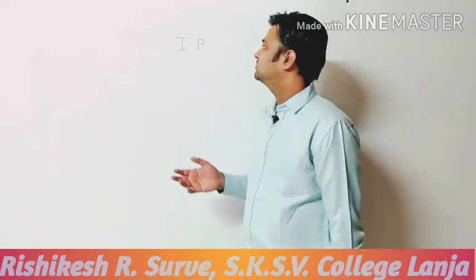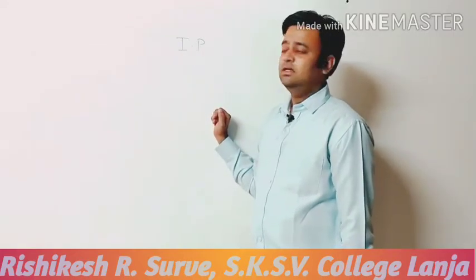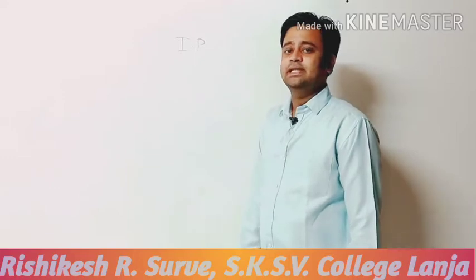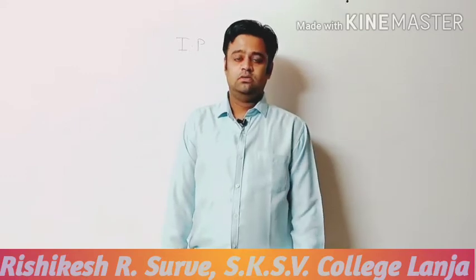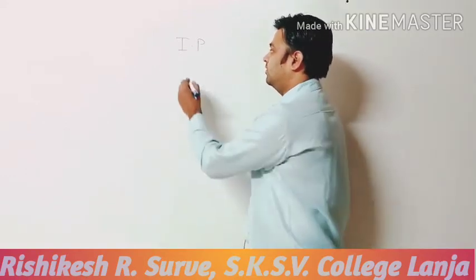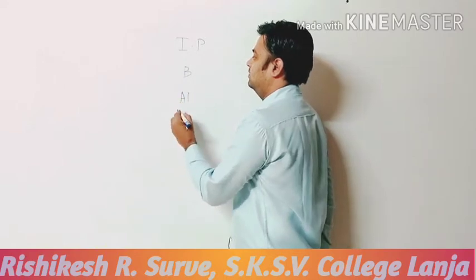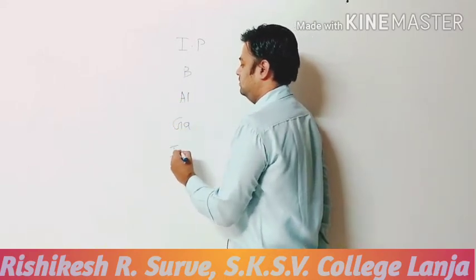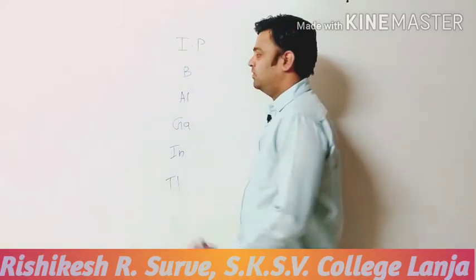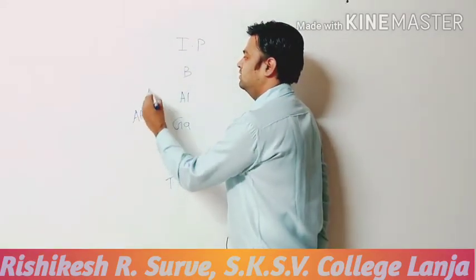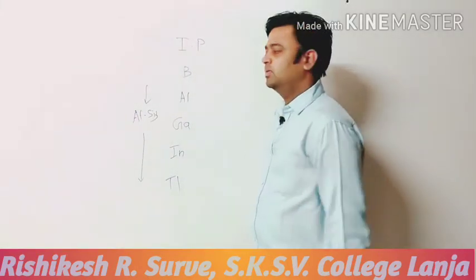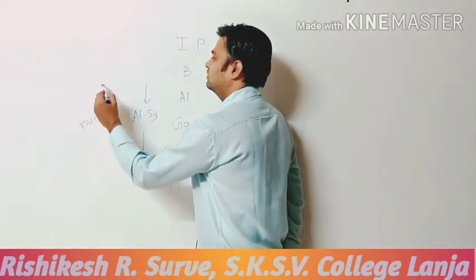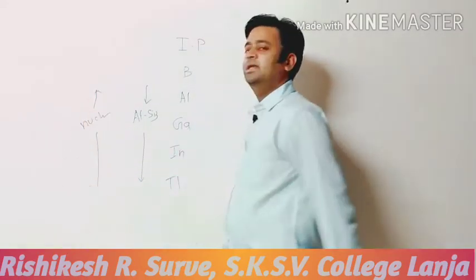Every atom has a different ionization energy, right? Here we see, as from top to bottom size increases, the nuclear force felt also goes on decreasing from top to bottom. Now we know atomic size increases, right? The nuclear force goes on decreasing.